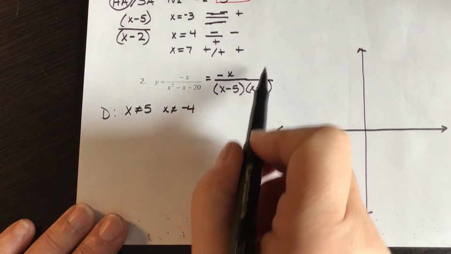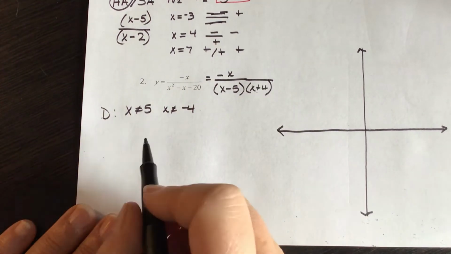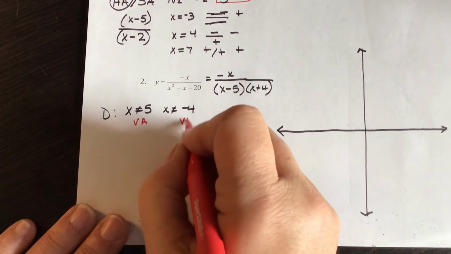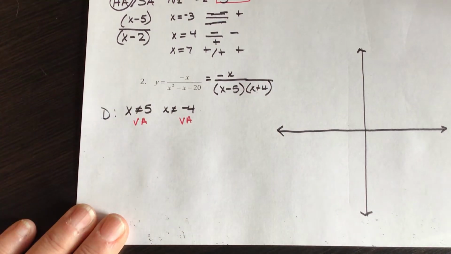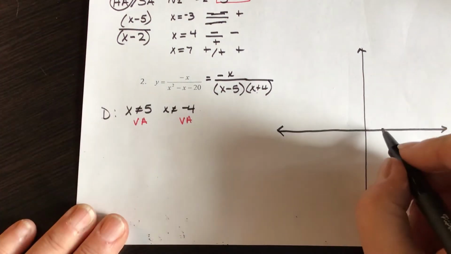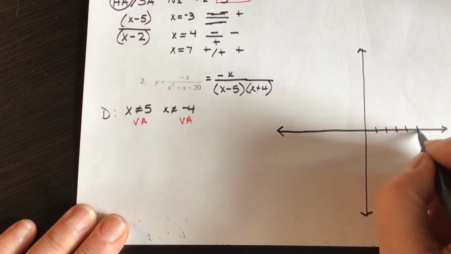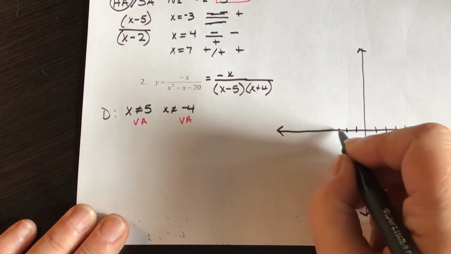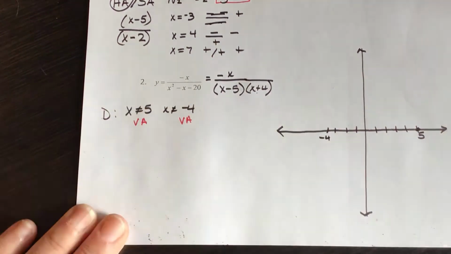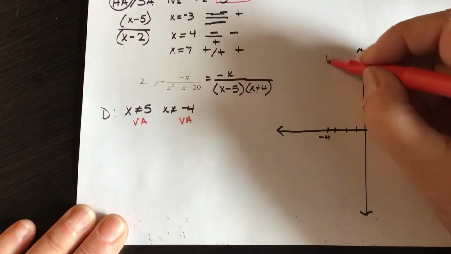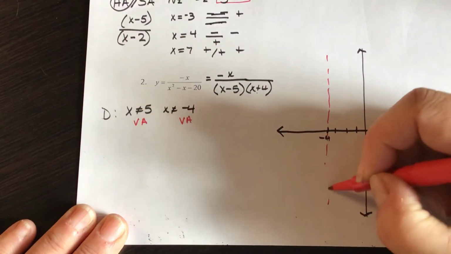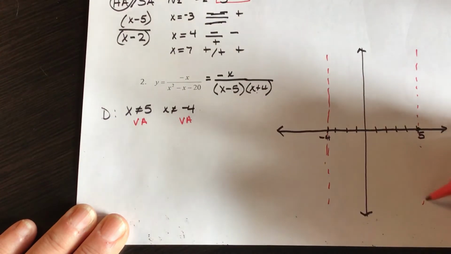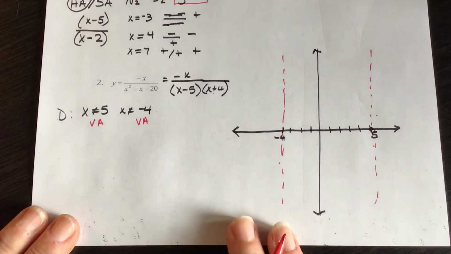And because neither one of them have a factor at the top, both of these are going to be vertical asymptotes. So I am going to draw those in. Here's 1, 2, 3, 4, 5. I'm going to have a vertical asymptote here at 5 and at -4. You see that there.